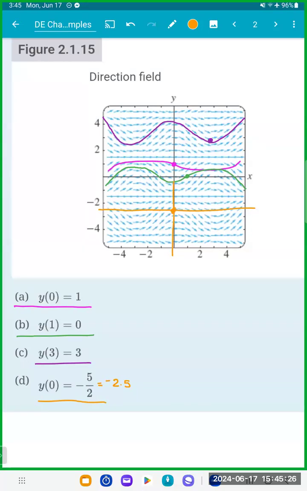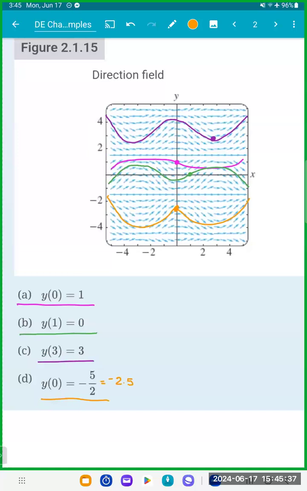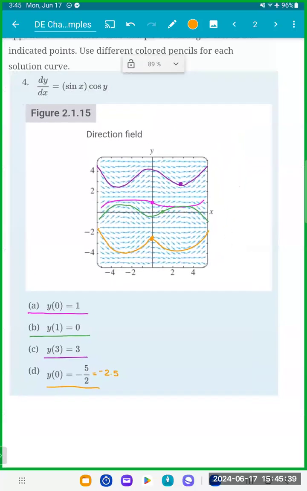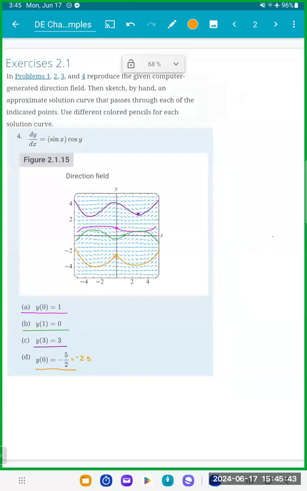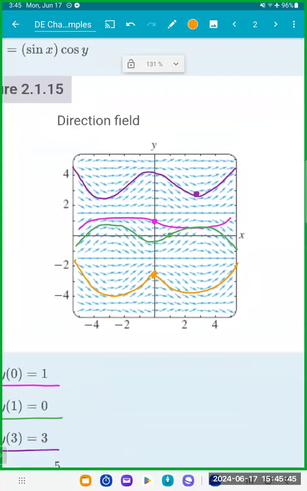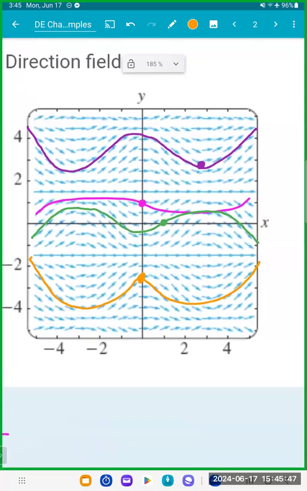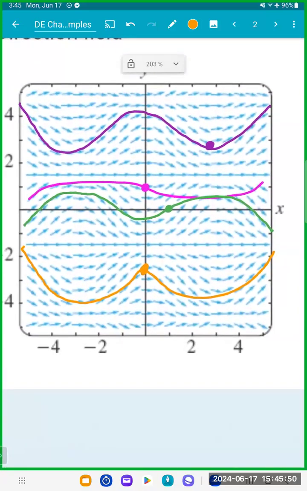And so what is this directing force? You could see that the arrows lead us to something about like that. Okay. And I'll actually blow it up a little bit more so you guys can see that.